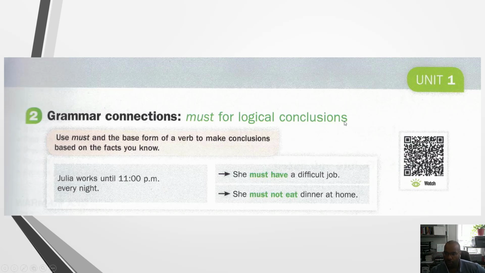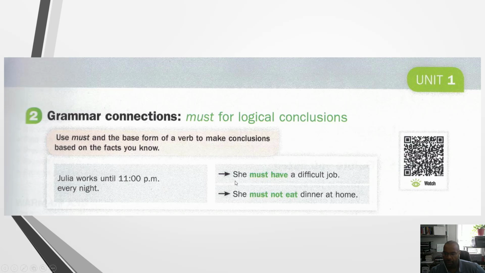Must for logical conclusions. Use must and the base form of the verb to make logical conclusions based on the facts that you know. So here's something that we know. Julia works until 11 p.m. every night. If we're going to use must for a logical conclusion, we have to use must and the base form of the verb to make a conclusion.